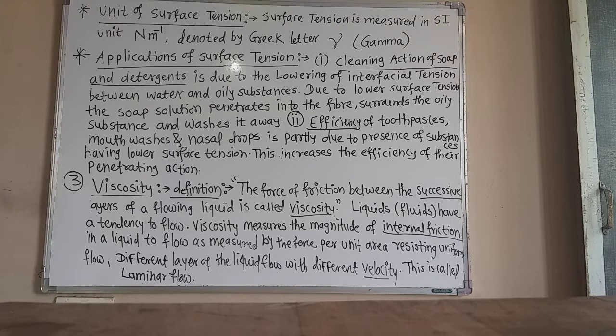Now liquids or fluids have a tendency to flow, and viscosity measures the magnitude of internal friction in the liquid, as measured by force per unit area, resisting uniform flow of the liquid.